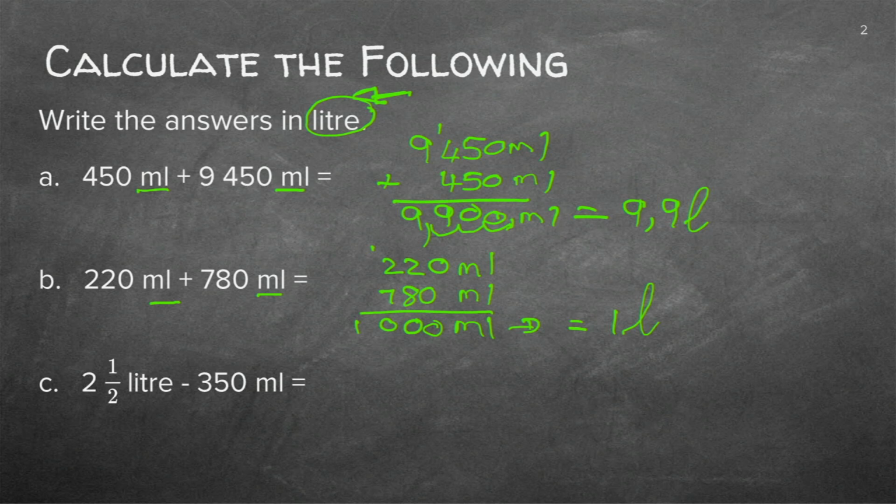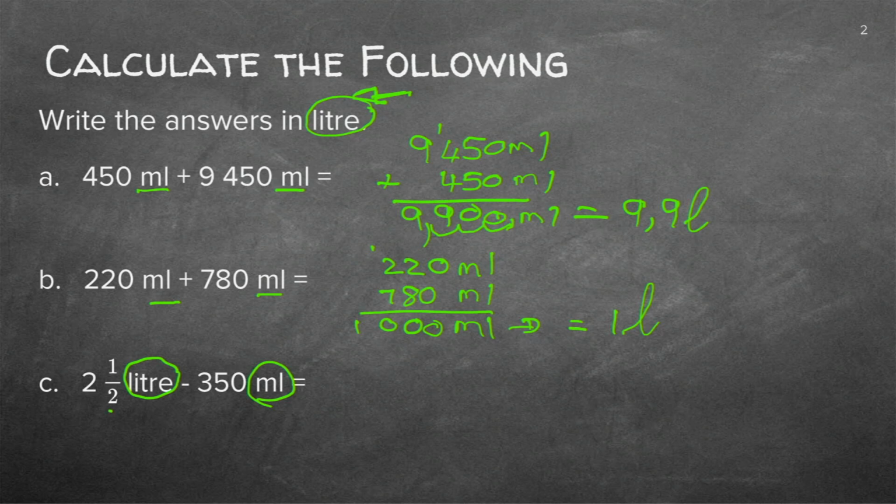Now, number C's got a problem. Can you see what is the problem with that calculation? Yes, we do not have the same units. Here I have liter and here I have milliliters. So I have to convert.